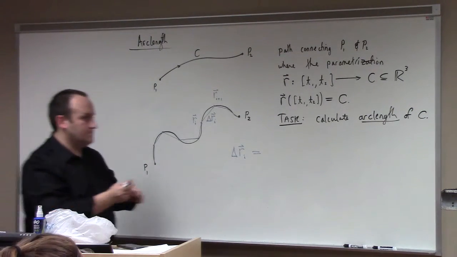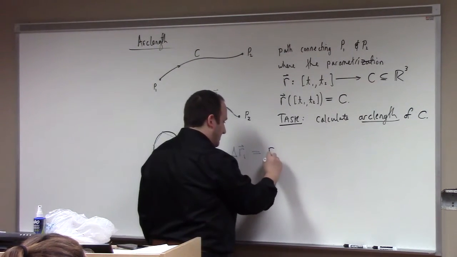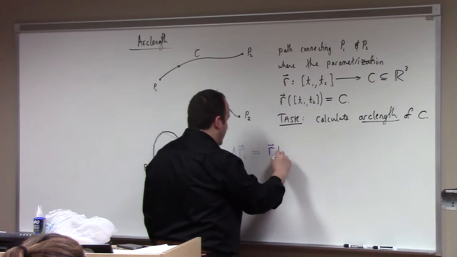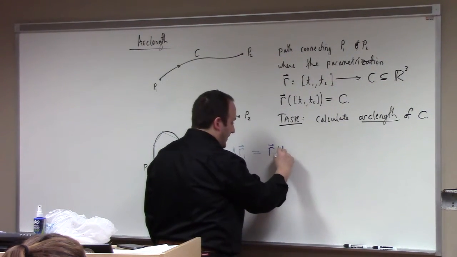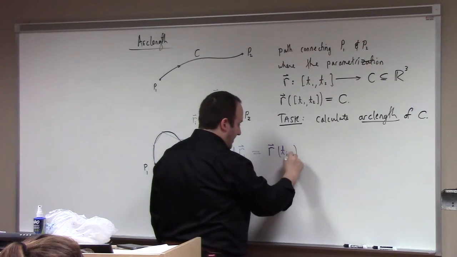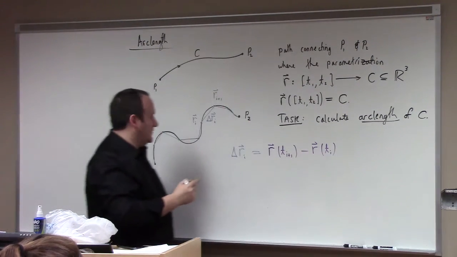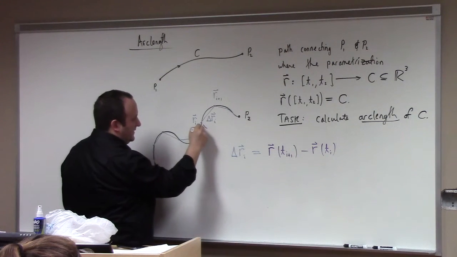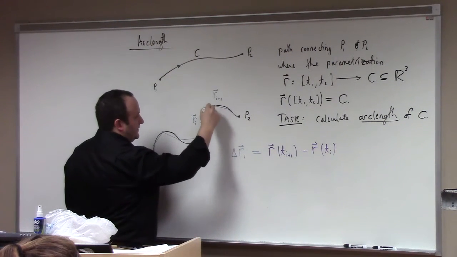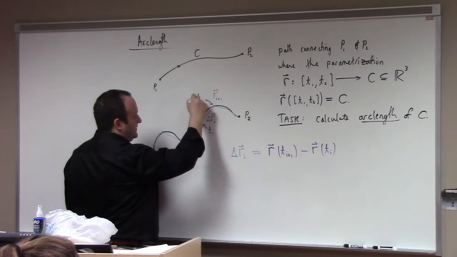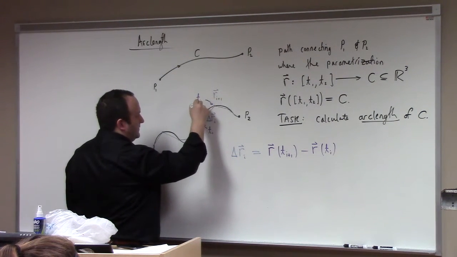Agree? So that would be R of, let's say, Ti plus 1 minus R of Ti. I'm assuming that this is at time t sub i, and this one is at time t sub i plus 1.